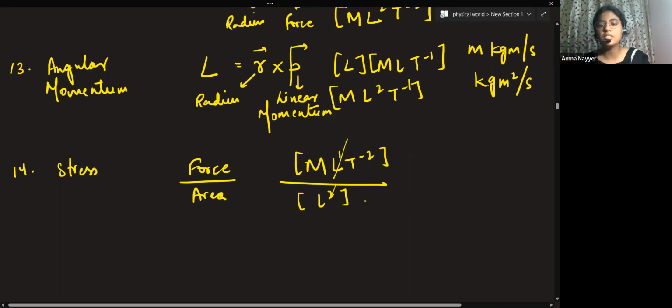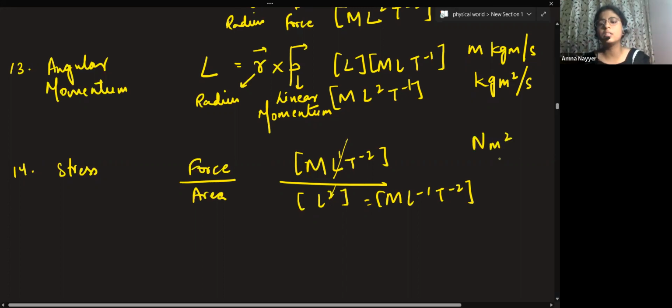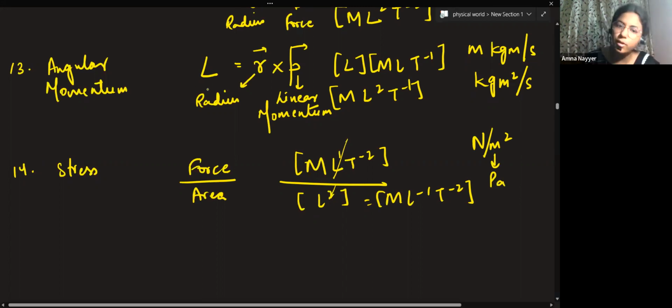So the dimensional formula will be M L to the power minus 1, T to the power minus 2. Everything remains same. That was for pressure that you have studied. Whatever is for pressure, for stress it is the same. So SI unit will be Newton per meter square, which is also called pascals. Everything that you have studied for pressure remains the same for stress.